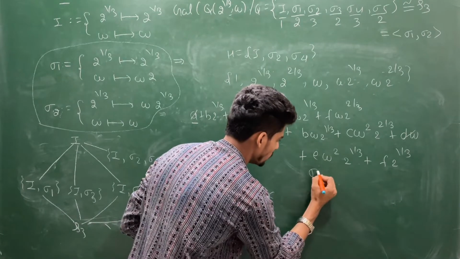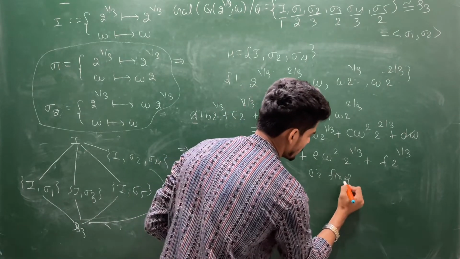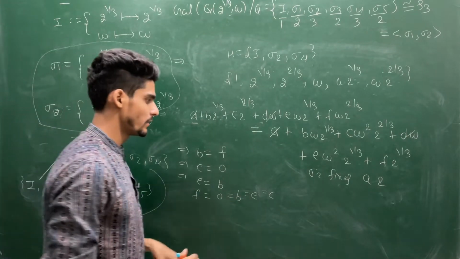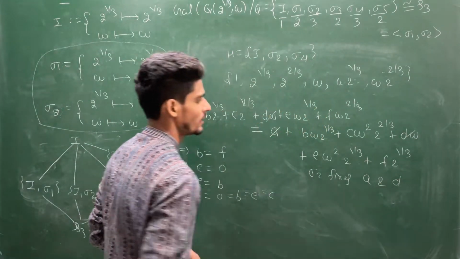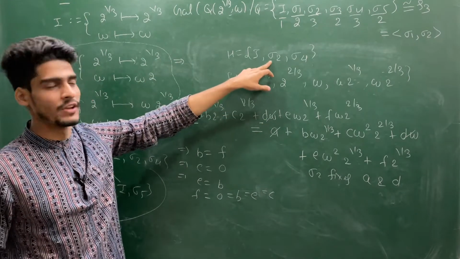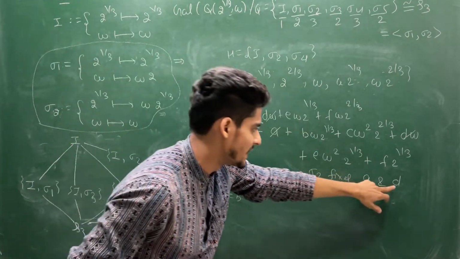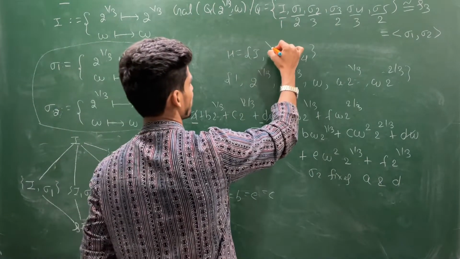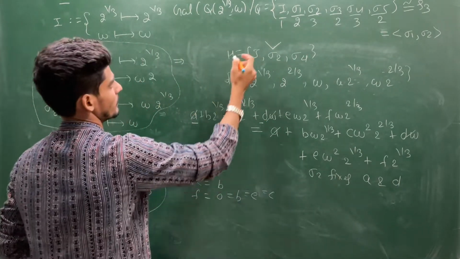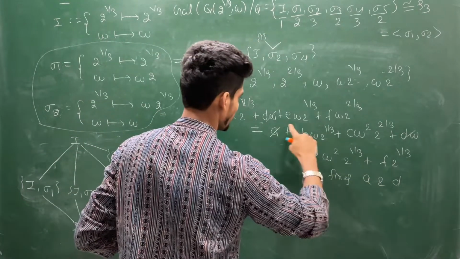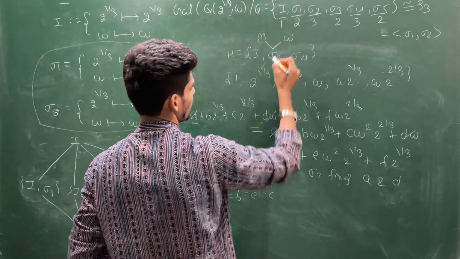So sigma 2 fixes A and D, and the rest will be 0. So you are looking for those elements which are fixed by sigma 2, rest will be 0, A and D will be self-imaged. I am writing here, the sigma 2 is fixing the one that is a rational, and D is the coefficient of omega, so it will fix omega.